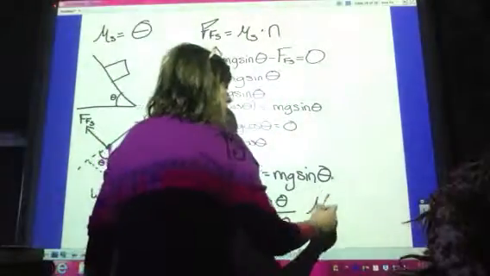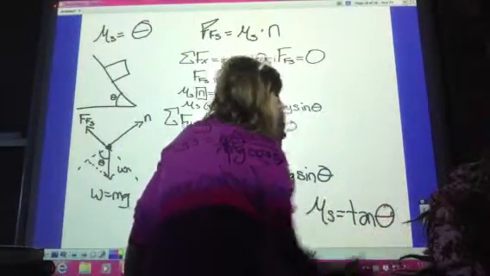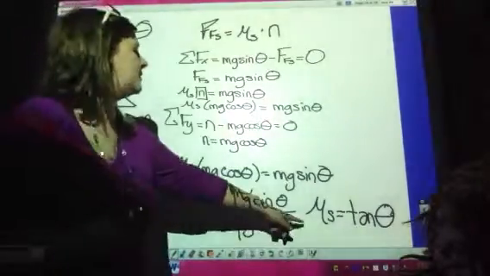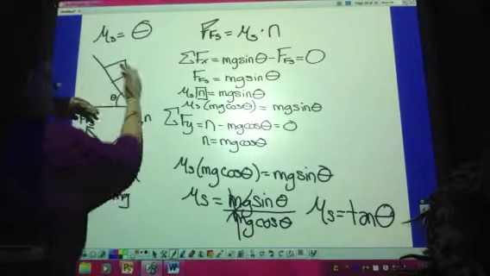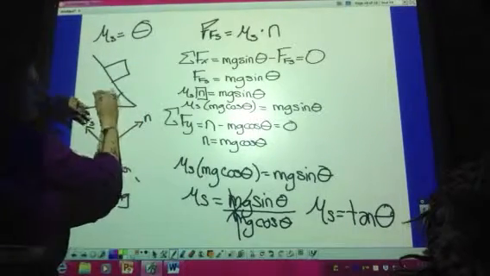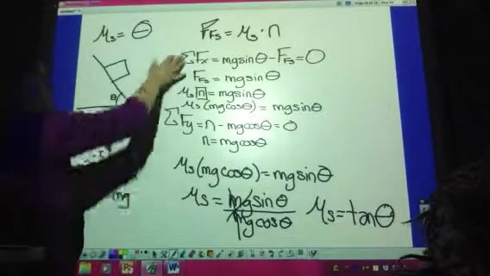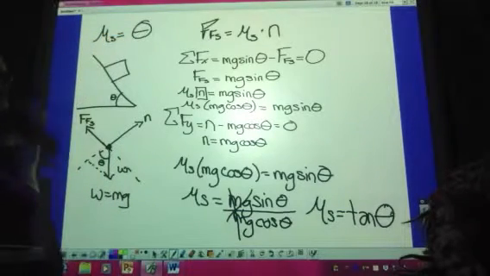So I can show coefficient of static friction equals tan theta. So this shows me that the coefficient of static friction is directly related to that angle of inclination. So we've just proved by using our net forces in the x and the y direction that coefficient of static friction is directly related to that angle, to that theta.